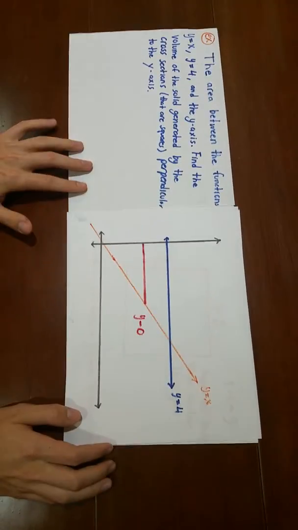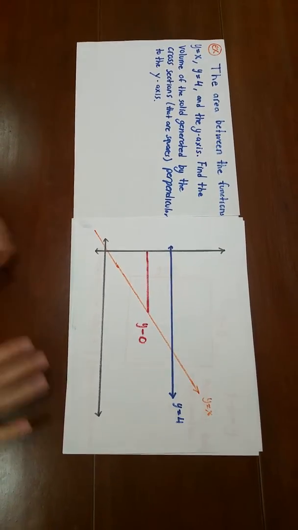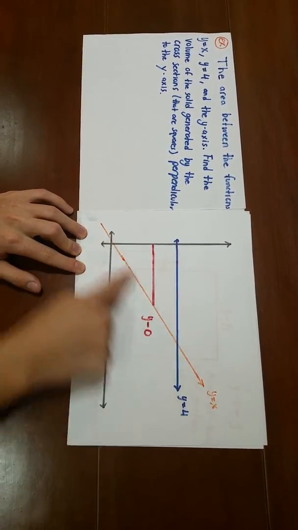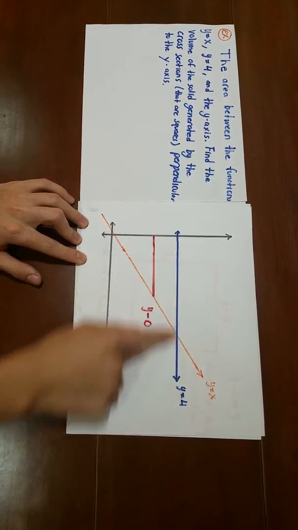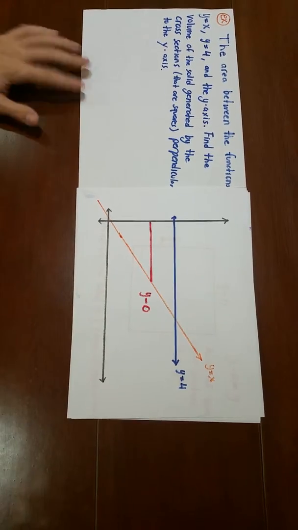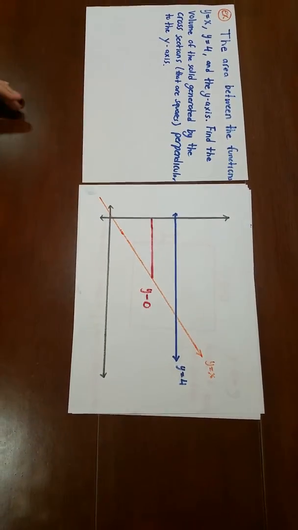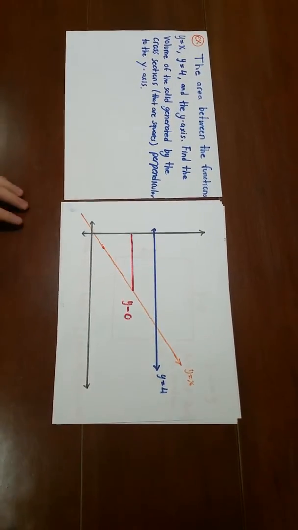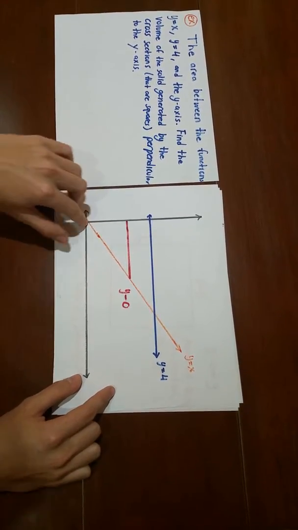So, once again, I'm representing this geometrically. You can see the function y equals x in orange here, and y equals 4 in the blue line. And this red line, once again, represents an arbitrary base of the cross section located between your bounds.